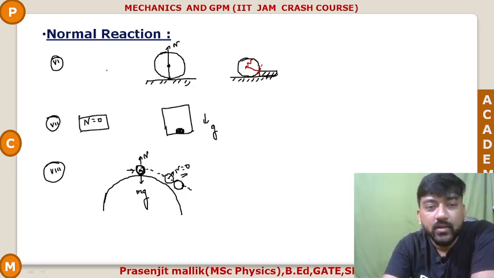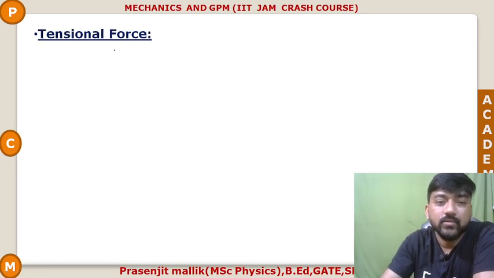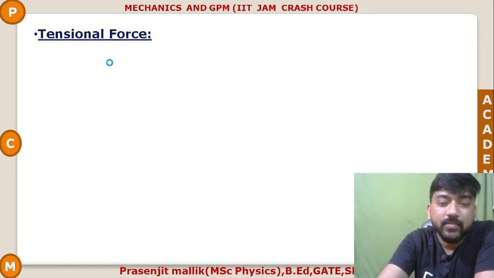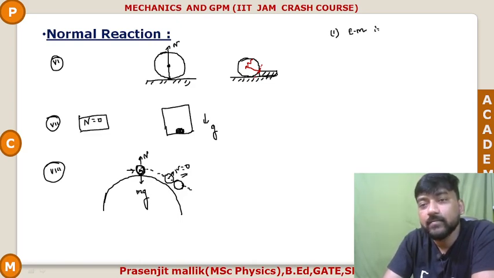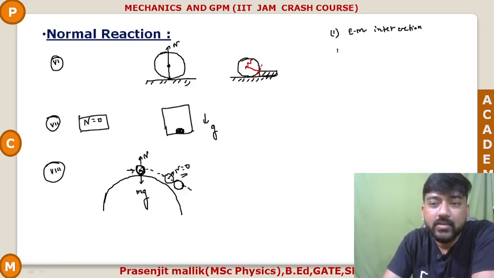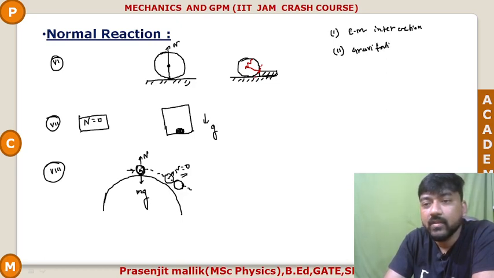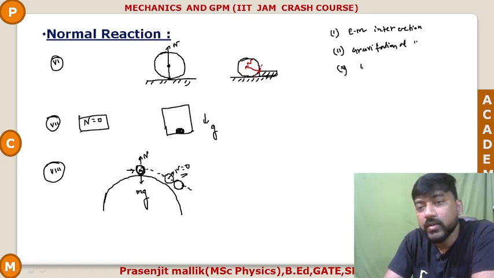Okay, now let me tell you about the tensional force. This is also one of the contact forces, and please remember this normal reaction is actually electromagnetic in nature. I have told you earlier that there are 4 kinds of interaction. One is electromagnetic interaction, another is gravitational interaction, another is weak interaction, and another is strong interaction.